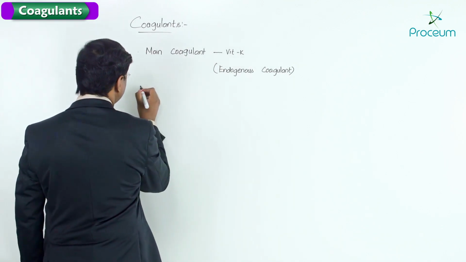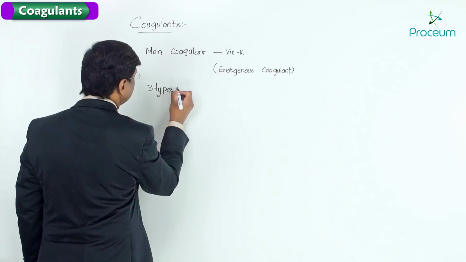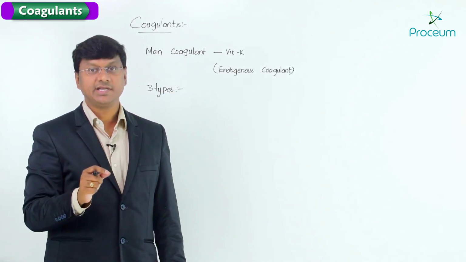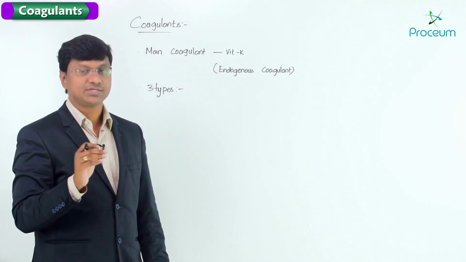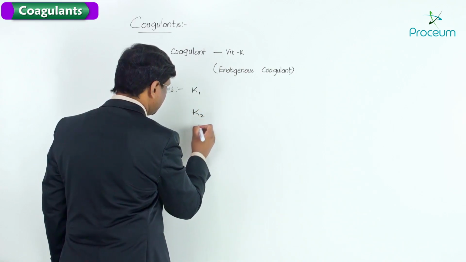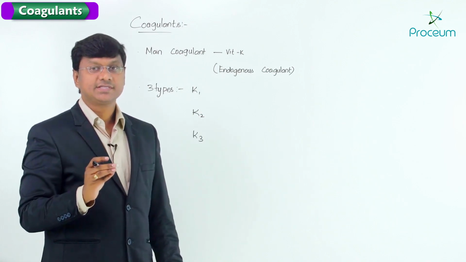It is of three types. Now what are these three types? We have K1, K2 and K3.